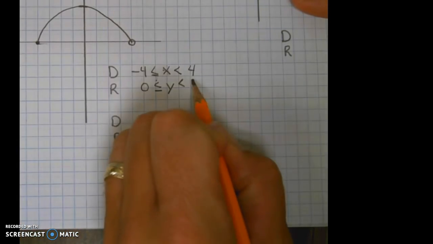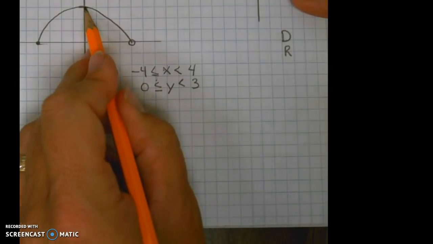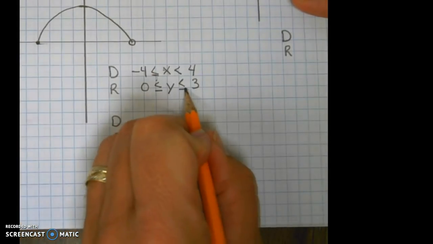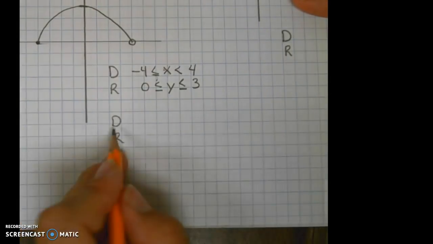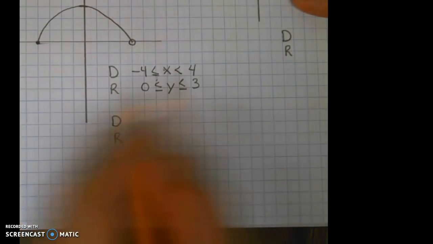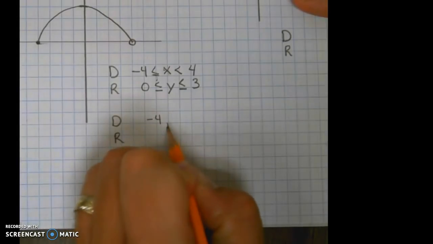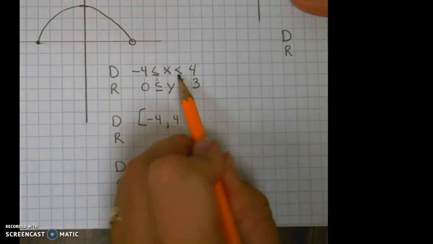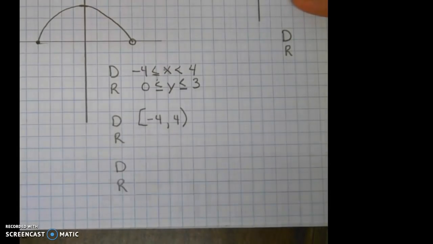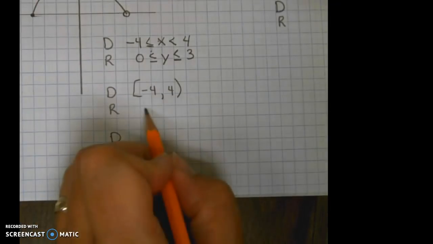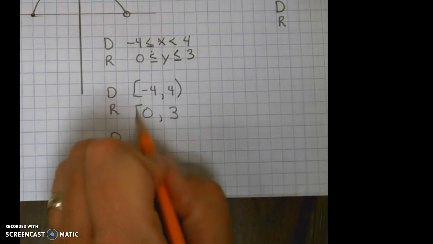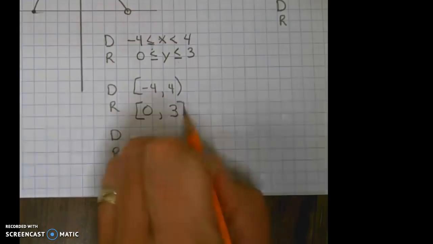And this is going to be a closed dot because it's a solid curve here, so it's included, so equal sign. Interval, remember we use the two numbers. It's included, it's not included. 0 to 3, included, included.